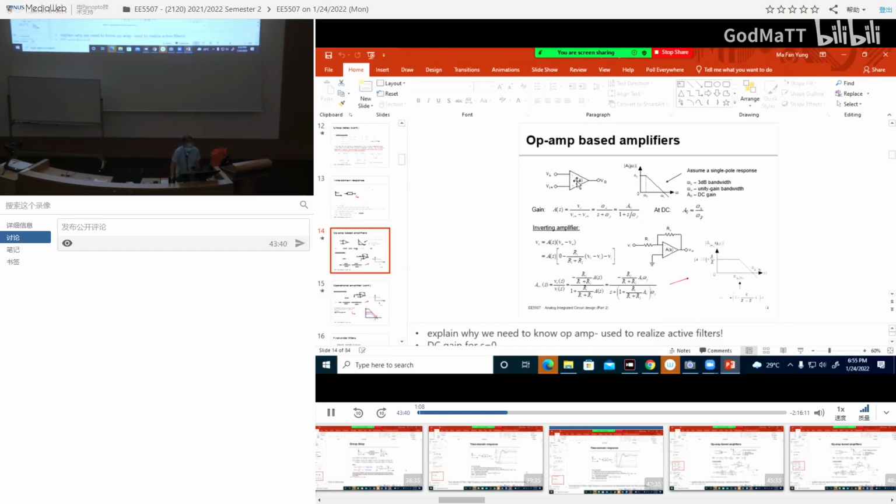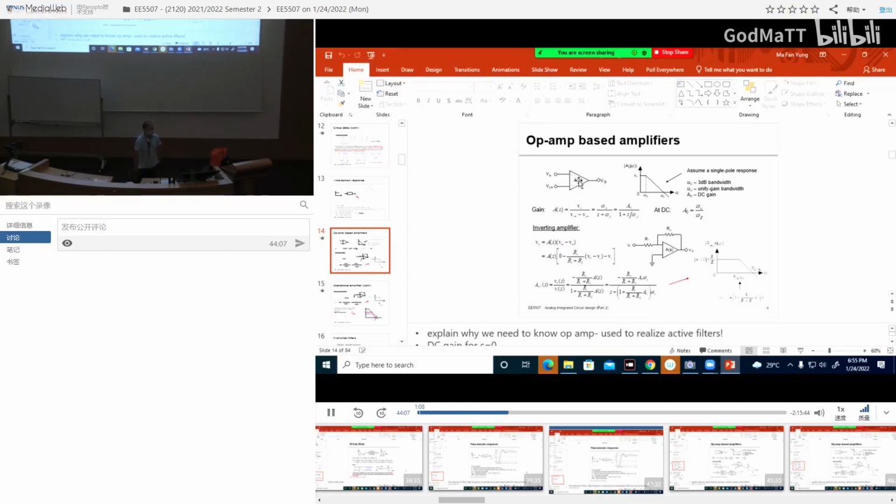You all know this is the op-amp, right? Operational amplifier. So you may ask, you already have an operational amplifier. The operational amplifier already has gain, then why do you need an op-amp based amplifier? Why do we need to talk about it?